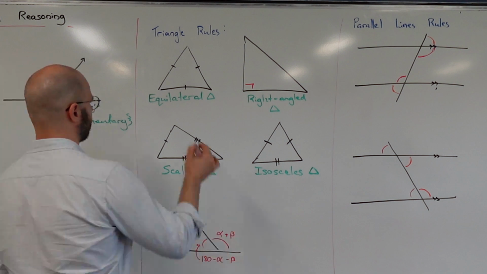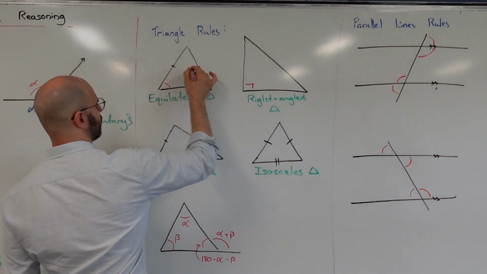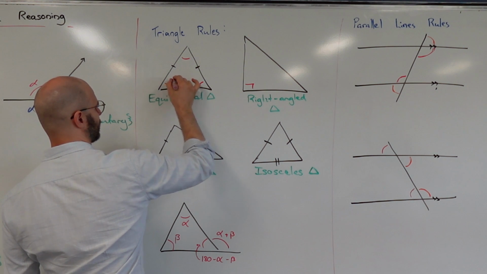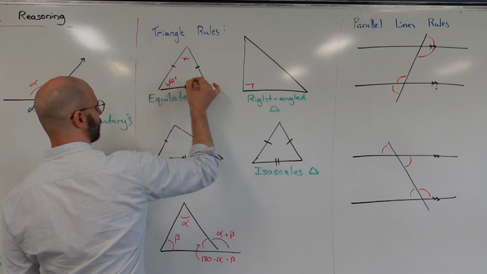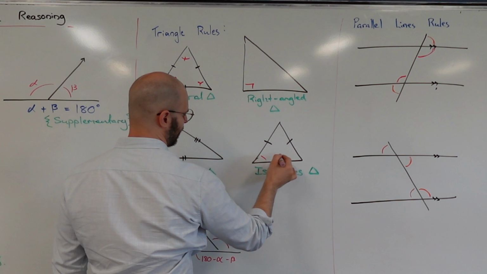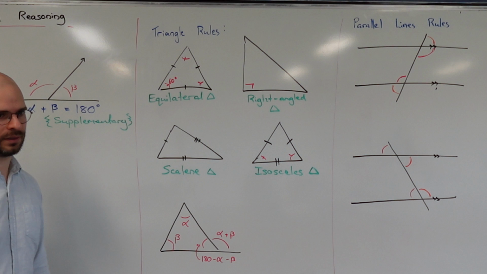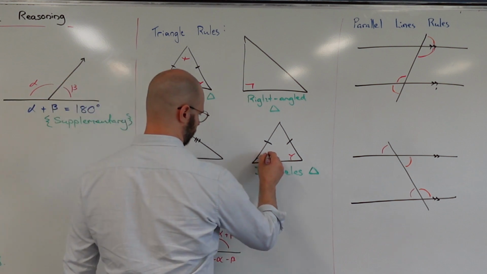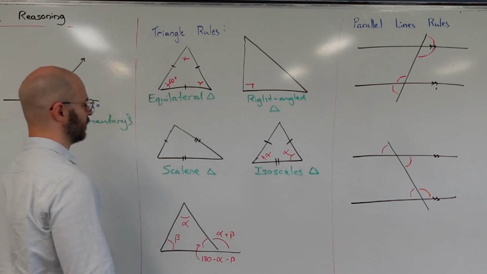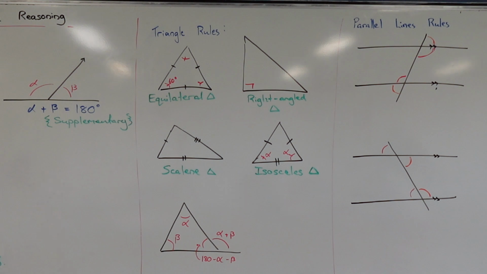In particular, these guys are all 60 degrees, and these angles here, they're the same. Alpha, alpha. Seem cool? For the scalene, the angles are whatever they want to be, really. They're just different from one another.